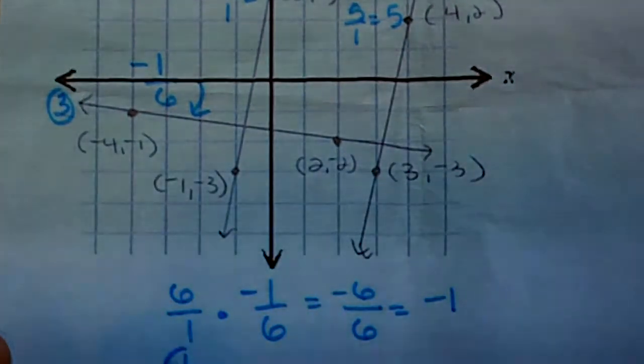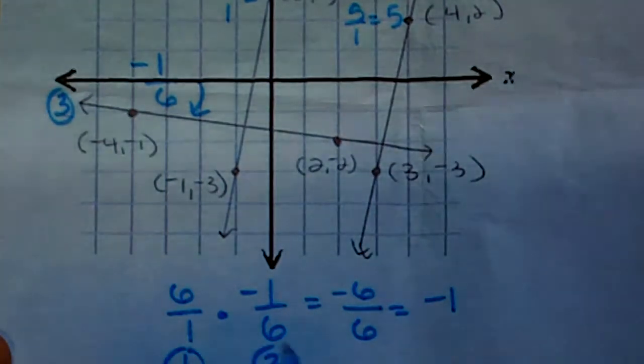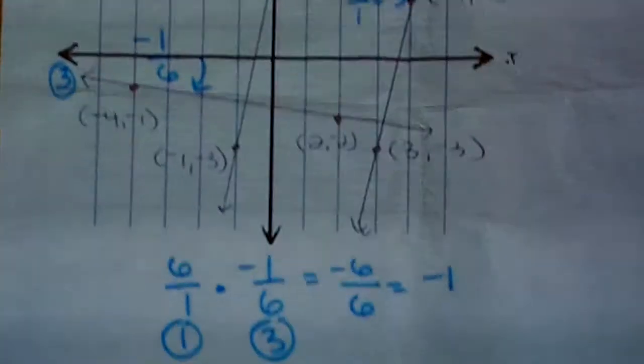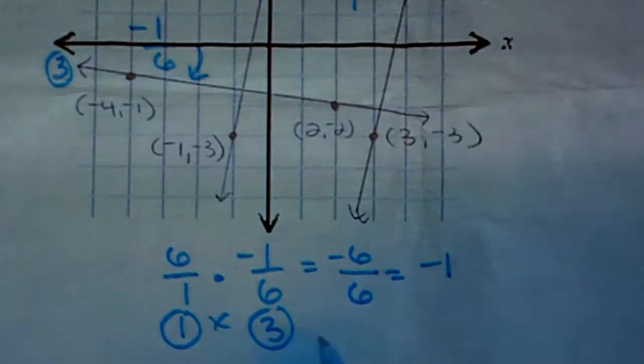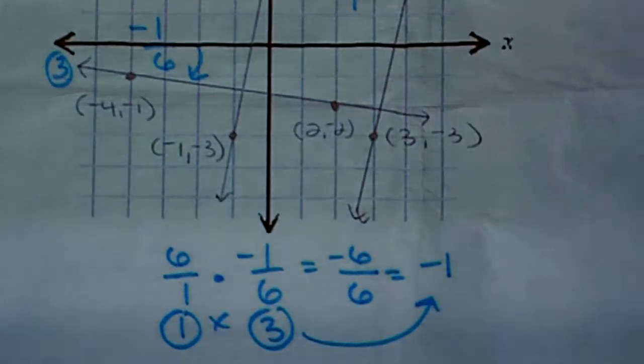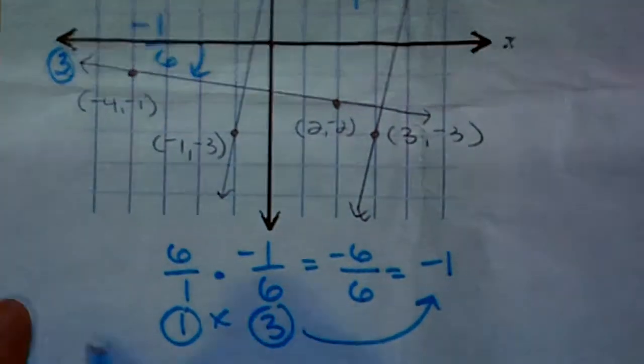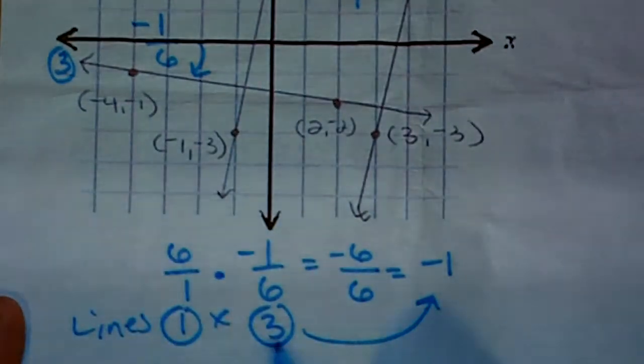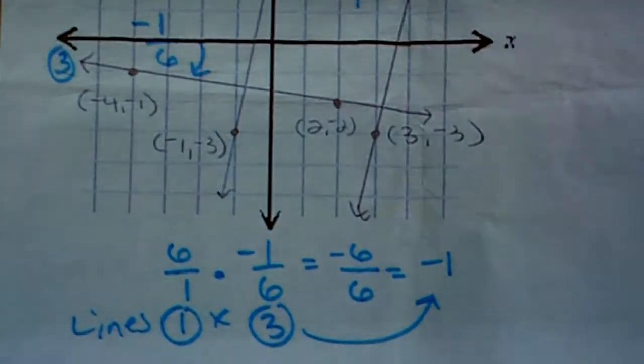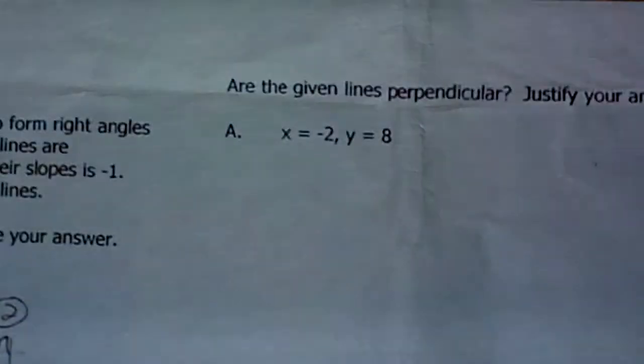So the slope of line 1 and the slope of line 3, when multiplied together, give you a product of -1. There's the proof. So I'm going to write lines 1 and 3. Voila.